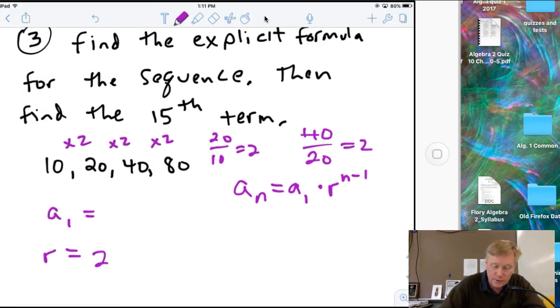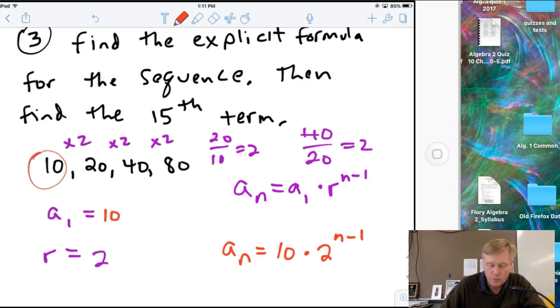A of 1 is the first number in the sequence, which in this case is 10. So there's A of 1. And if I plug these numbers into the formula, I get A of n equals A of 1, which is 10 times 2 to the n minus 1. And that's the explicit formula.